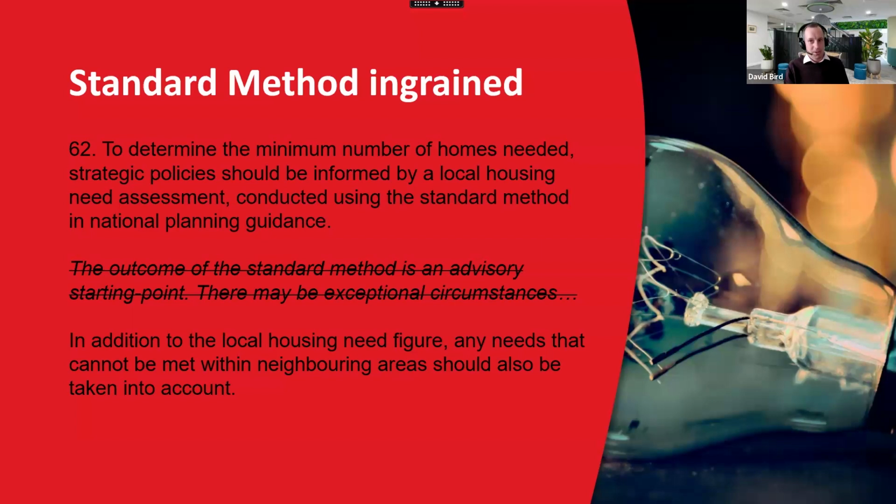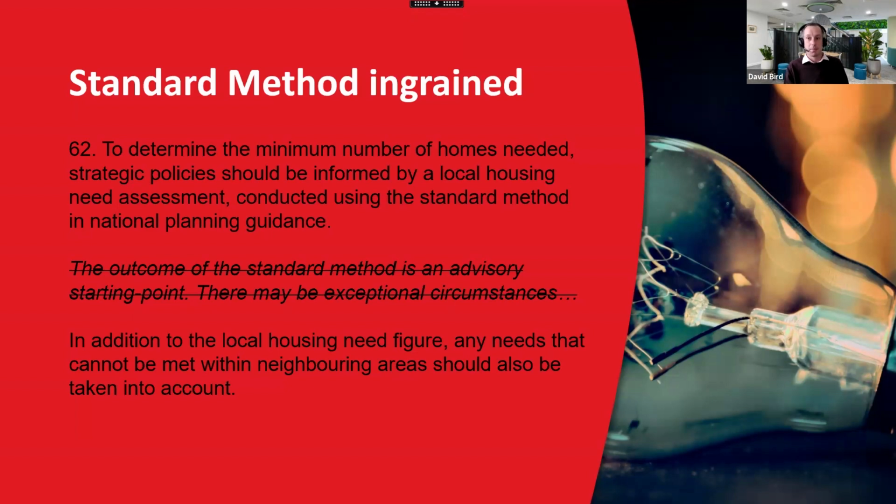It used to go on to say the outcome of the standard method is an advisory starting point. There may be exceptional circumstances. I think every local authority went out of their way to find exceptional circumstances so they didn't have to build the number of homes that the local residents would probably have been up in arms about. But that has been deleted. So now we've just got conducted using the standard method.